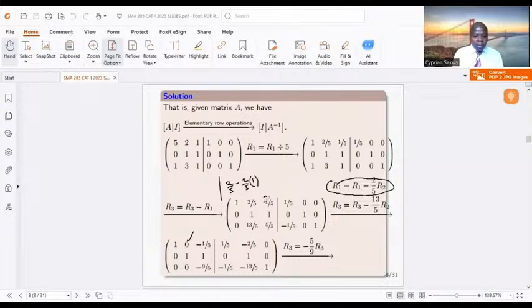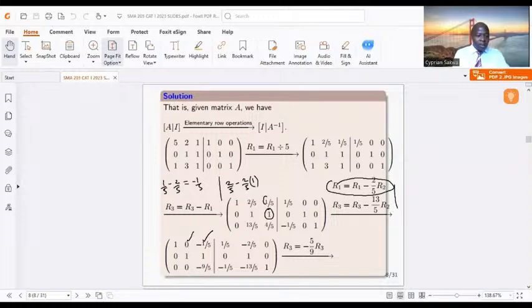The element here is 1 out of 5, then minus 2 out of 5 of 1. So this will be the same as negative 1 out of 5. That's what you're seeing here. And you can just follow these elementary operations. Of course, you've learned them in class, and perform them for the entire matrix.